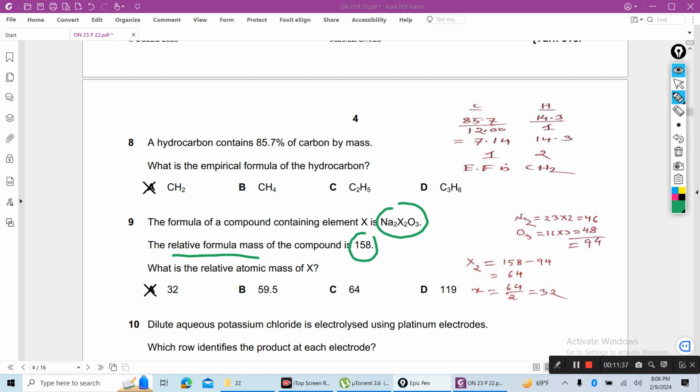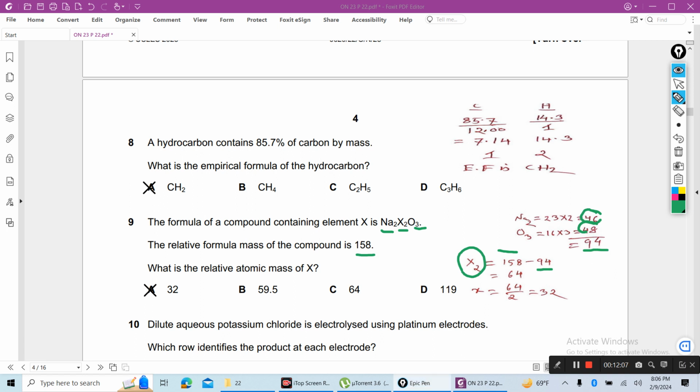Here 2 sodium atoms, 23 times 2, 46. 3 oxygen, 16 times 3, 48. Total 94, for 2 sodium and 3 oxygen. Now X2 will be the total 158 minus sodium 46 plus oxygen 48, total 94.